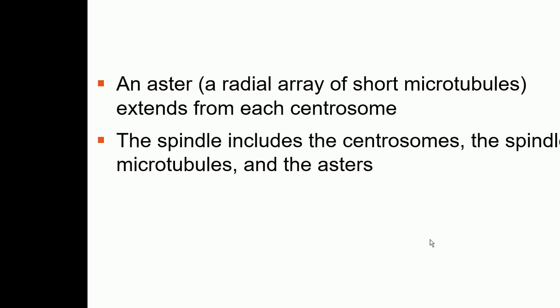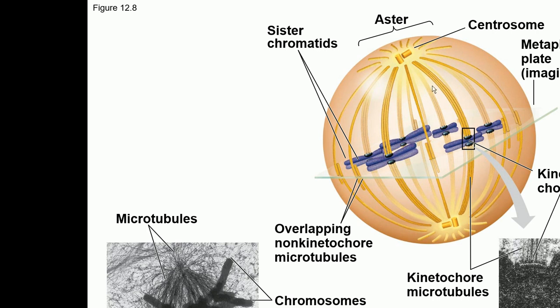So as I said, from the centrosomes, I'm going to explain from here. These are the centrosomes. In the interphase, there's a duplication of centrosomes also, because in G1, which is the gap 1 phase, all the organelles get duplicated. And centrosomes also get duplicated, and they move to the 2 different poles.